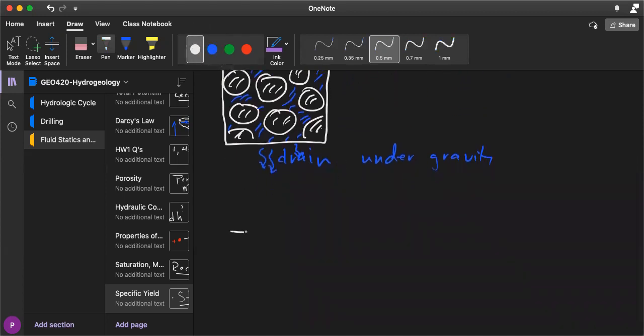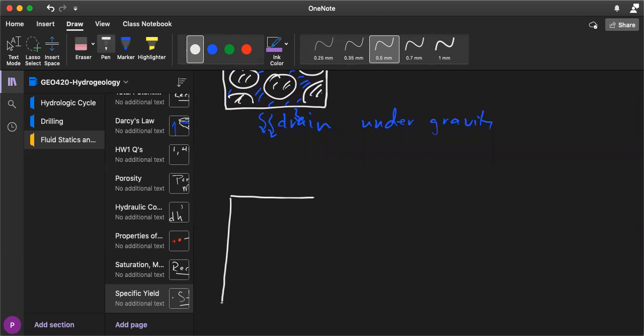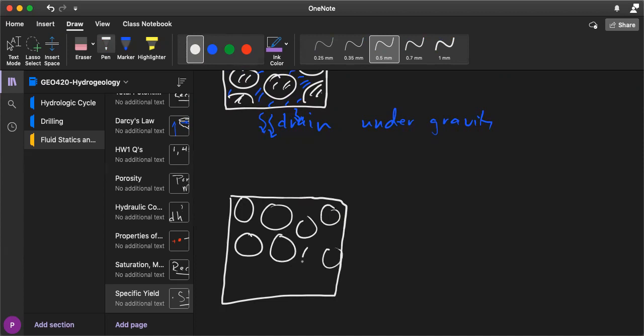What do you guys think? Now that we know something about capillarity and surface tension, what do you think this porous media looks like after gravity drains?